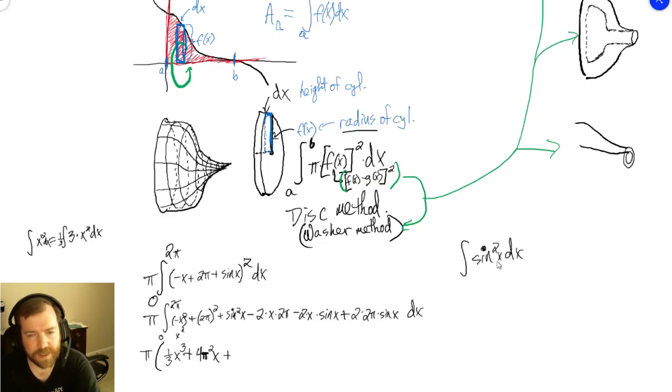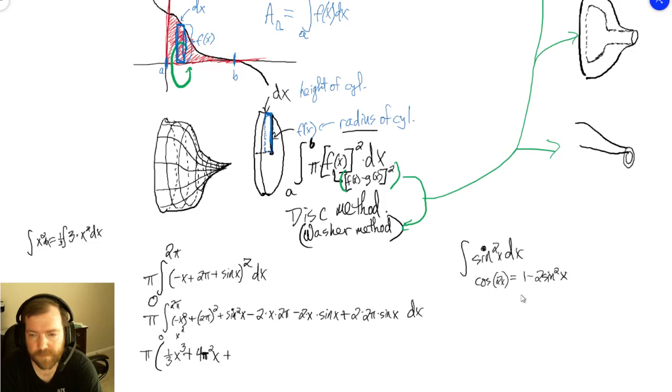The easiest thing to do with this is actually to do a power reduction formula from trigonometry. What do I mean by that? Well, use your double angle formula that you had way back when. Cosine of 2x is equal to 1 minus 2 sine squared of x.